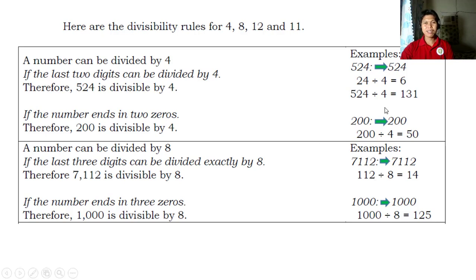Ganyan. Okay? Kung subukan natin itong 524, kung divisible ba siya by 8. Kasi wala kang choice kung last 3-digit number, 3-digit lang yung binigay. So, 52, divide mo yan ng 8. Ang pinakamalapit is 48, di ba? Skip count naman muna tayo ng 8. 8, 16, 24, 32, 40, 48, 56, 64, we have 72 and 80.